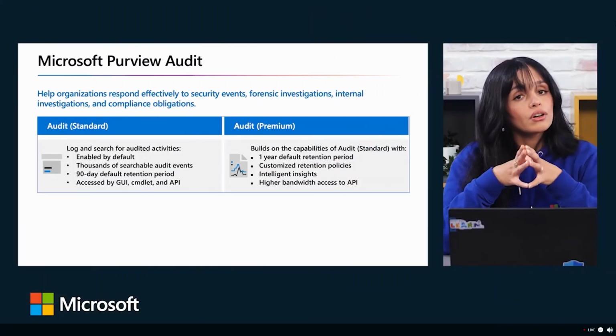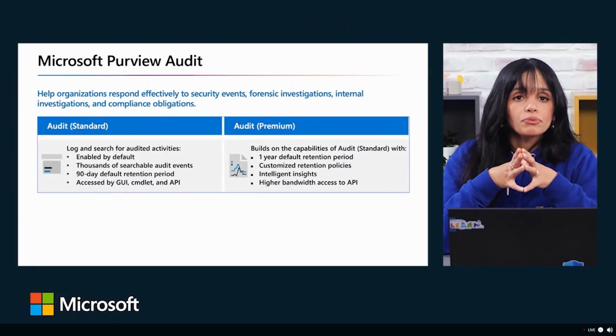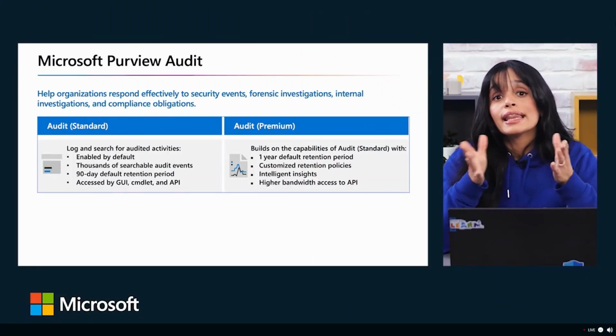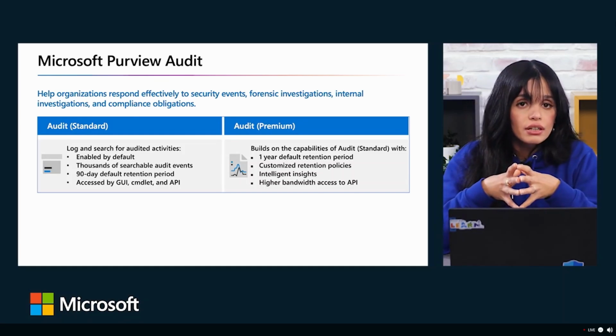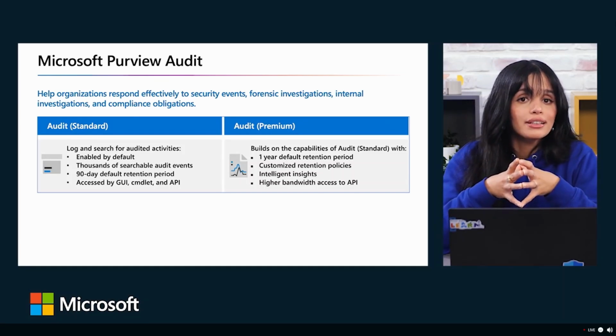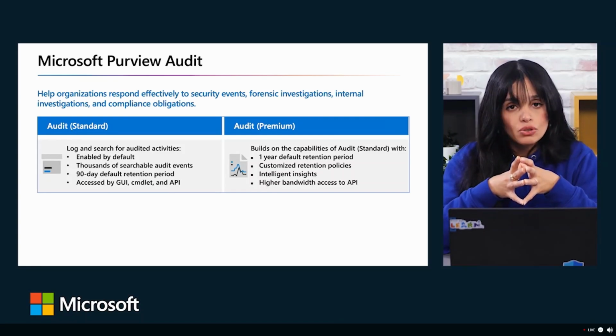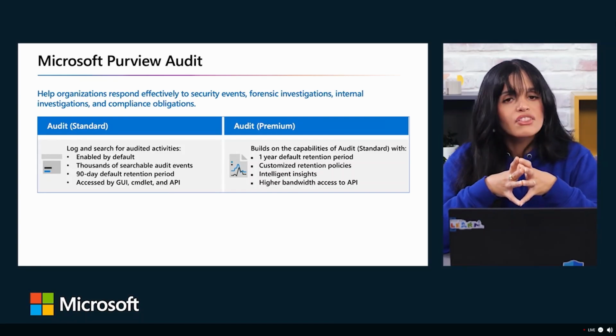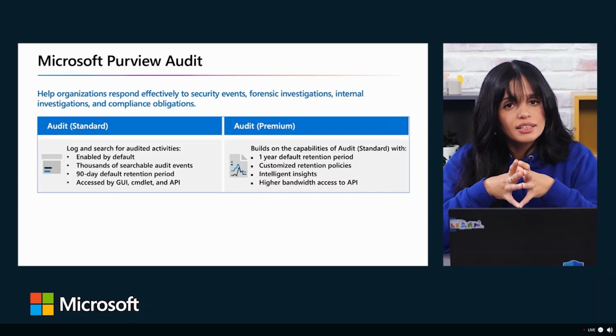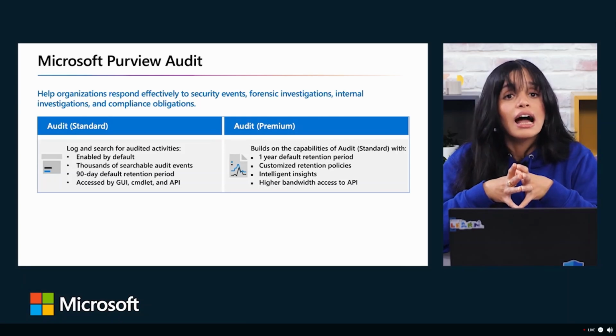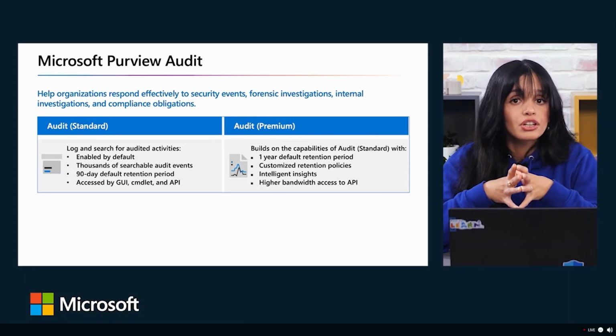We have also the auditing solutions in Microsoft Purview. These help organizations respond effectively to security events, internal investigations, and compliance obligations. Thousands of users and admin operations performed in dozens of Microsoft 365 services and solutions are captured, recorded, and retained in your organization's unified audit log.